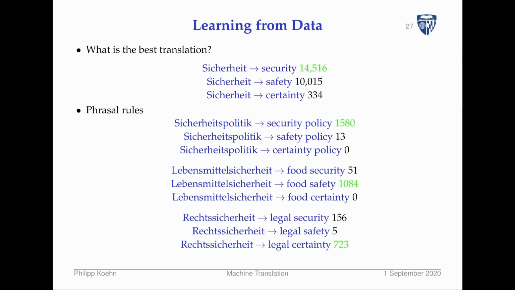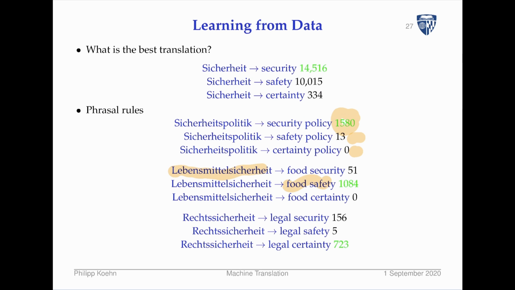That is translated that way 1,580 times and rarely as safety policy, and certainty policy doesn't seem to exist as a concept. If you look at another word like Lebensmittelsicherheit, that seems to be food safety, rarely translated as food security.